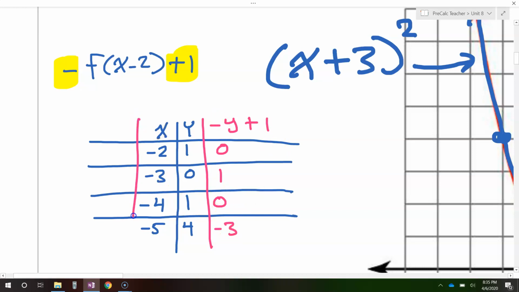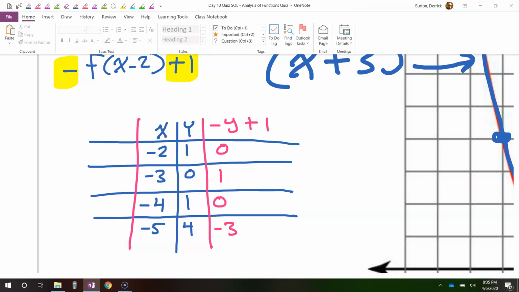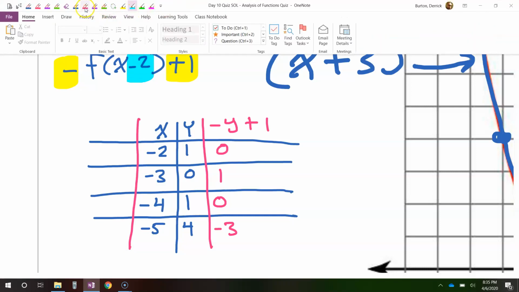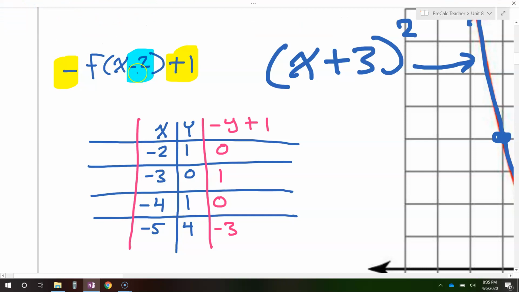Now let's talk about the new x values. The new x values are going to come from what's going on inside the function. Please remember that a -2 right here is actually a shift to the right 2. That's why I will find my new x values by doing x plus 2.